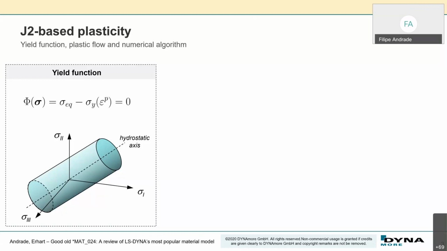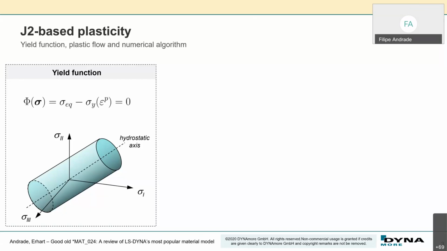If, for instance, the equivalent stress is bigger than the current yield stress, then you have to use the algorithm in order to calculate how much of that deformation is plastic and how much is elastic.